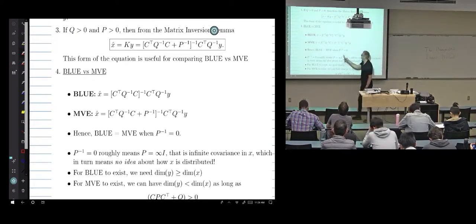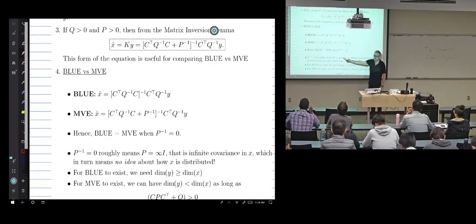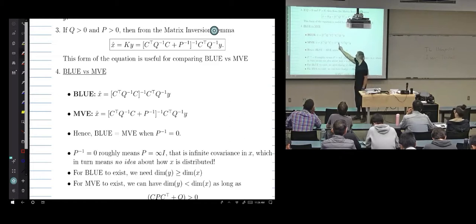And so the more information you have, the bigger this is, the smaller the inverse is, so you're reducing the covariance in your estimate. So MVE will produce an estimate with smaller variance than BLUE, but you need the side information about how X is distributed. If you have no side information, then X is equally likely to be far away as close. And so you're saying the information matrix is 0, so the covariance matrix is unbounded. That's the interpretation I was wanting to get to.